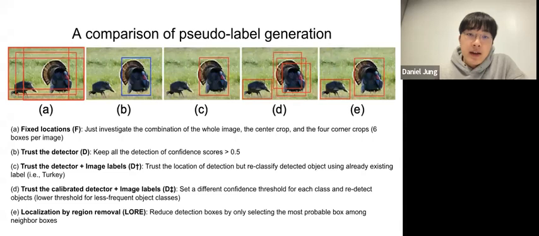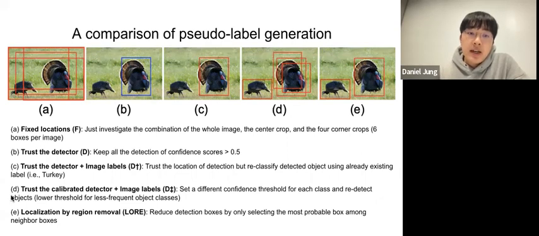In LVIS, they already have the label of turkey, and I don't know what this other animal is. So they changed the label from what the detector had predicted to the actual label. They're training by giving the actual label to the model, saying that this is of course a bird, but this is also a turkey, which is a more specific meaning. So you should classify this as a turkey.